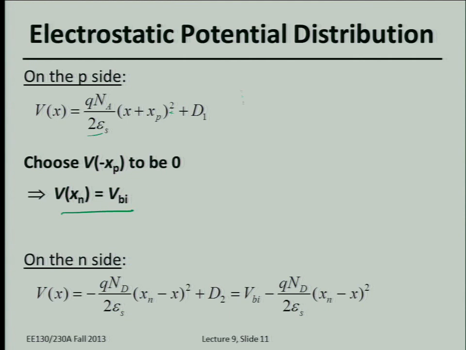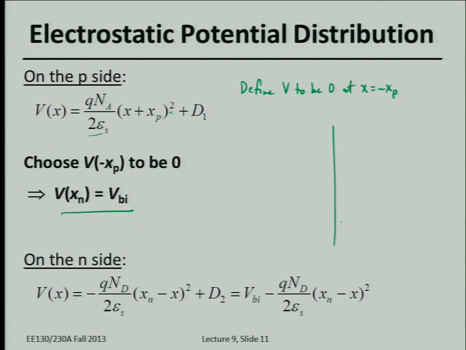But remember, electrostatic potential is all relative. So we'll define the electrostatic potential to be 0, as a reference, at x equals minus x sub p, the edge of the depletion region on the P side.